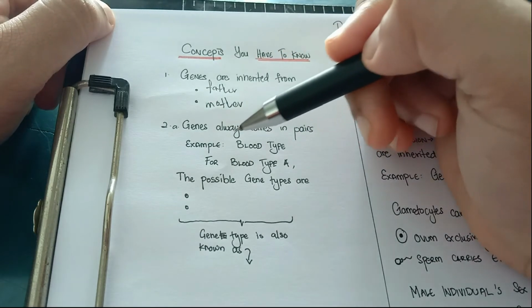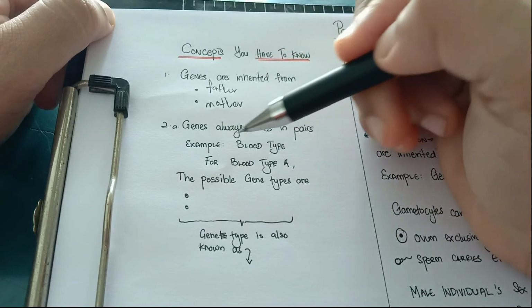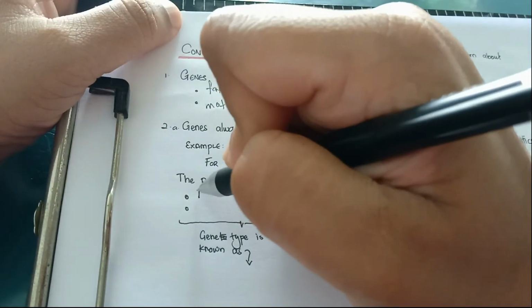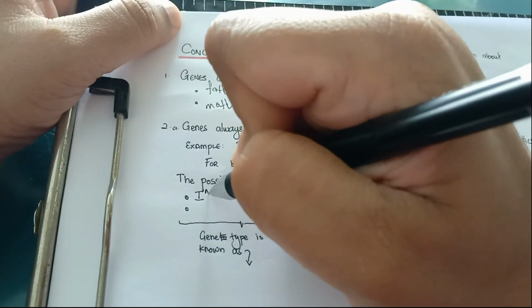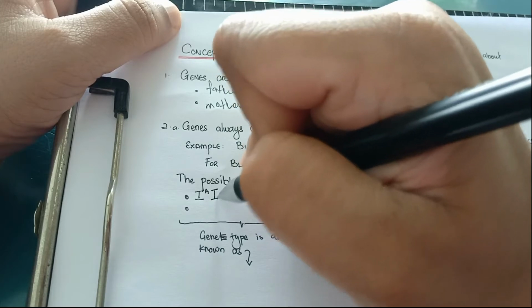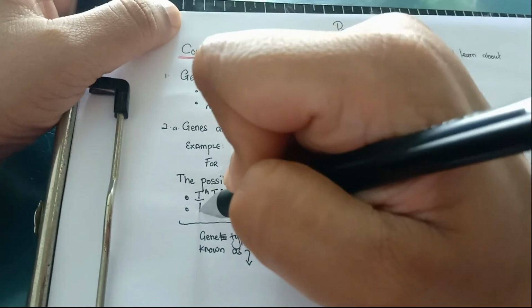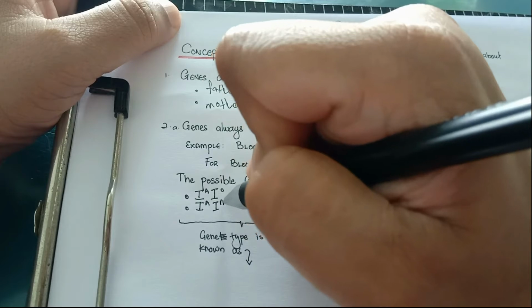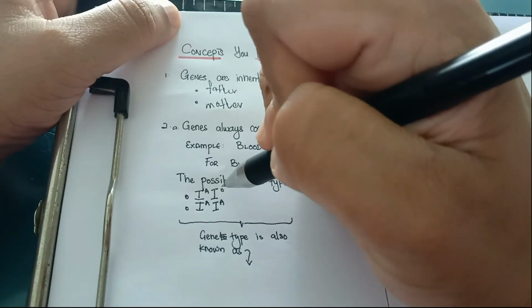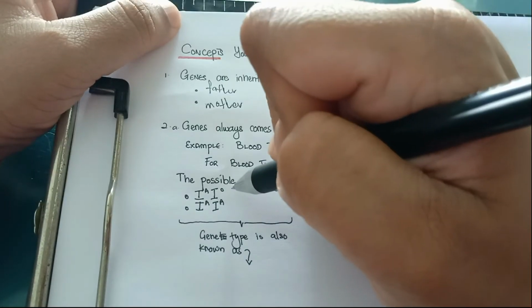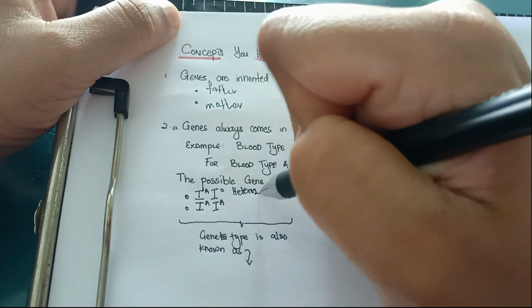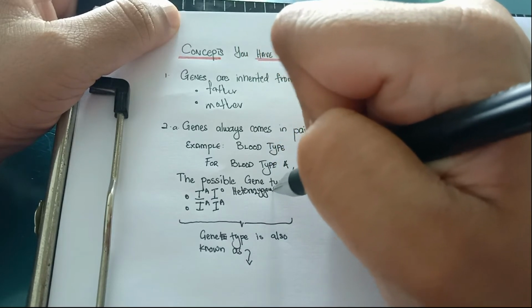For example, your blood type. For blood type A, the possible genotypes are IA IO and IA IA. The first one is what we call heterozygous.